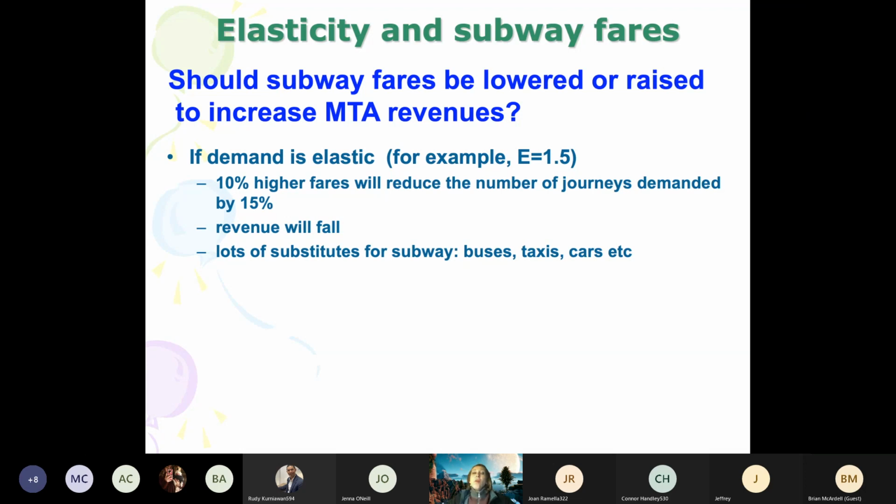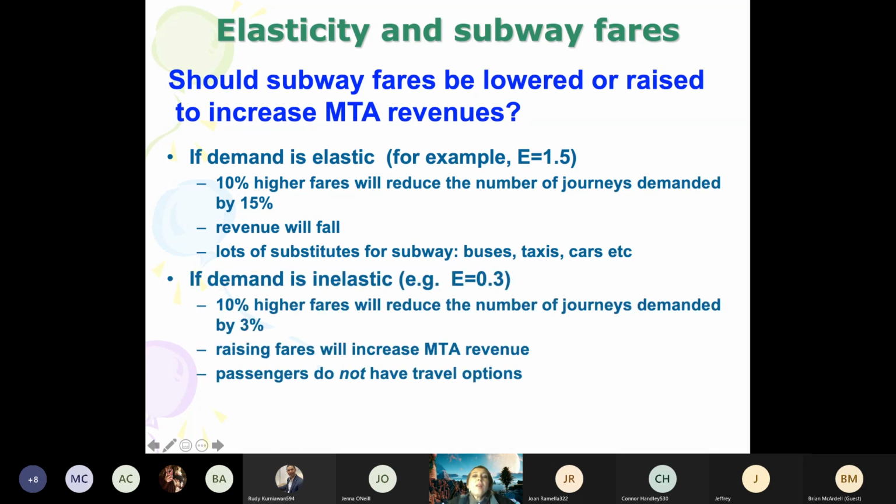The revenues would fall. That would be true if there are a lot of substitutes for the subway. And it's probably not the case. That's my thought, and I wonder what you think too. So maybe demand is actually not elastic.